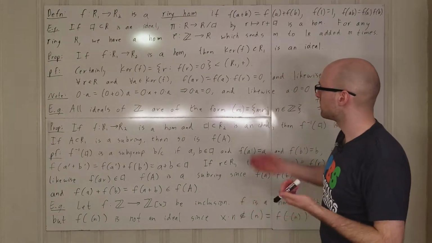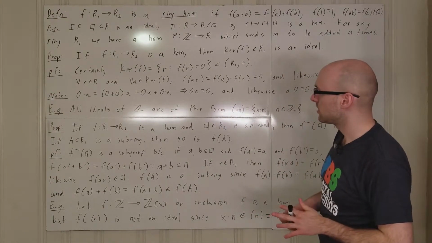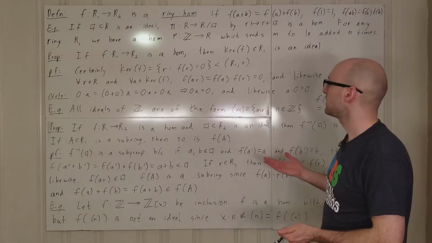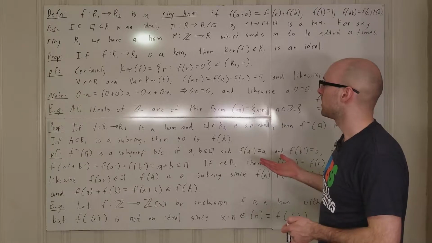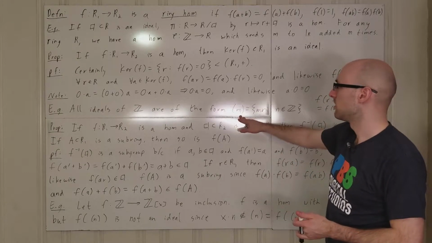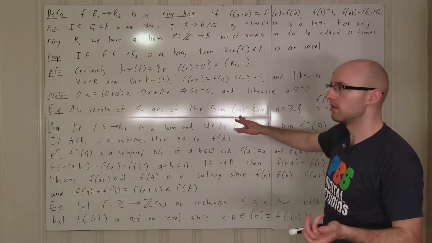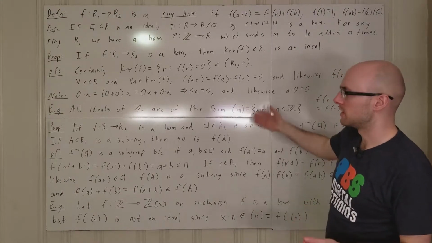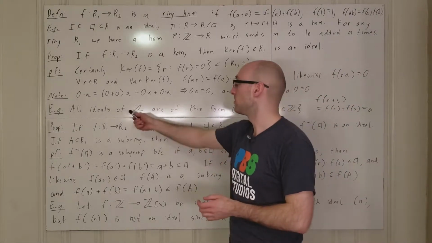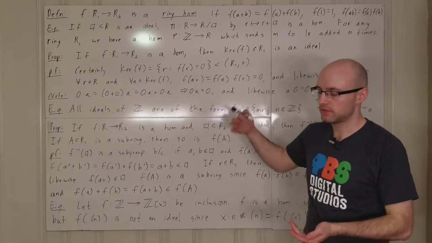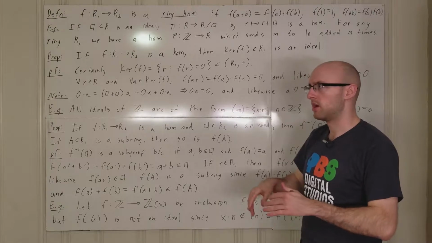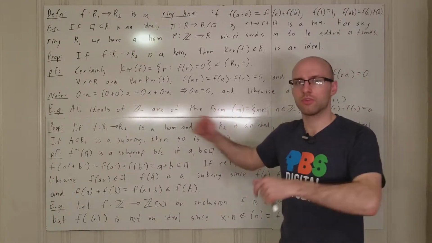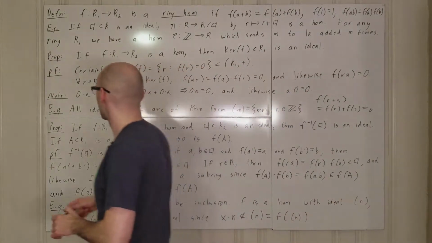And if you take any element in here and multiply it by any other integer, you're also going to get an integer times m, so it's also in here. So this not only is a subgroup under addition, but it's closed under multiplication by any other integer on the left or the right, and therefore this is an ideal.